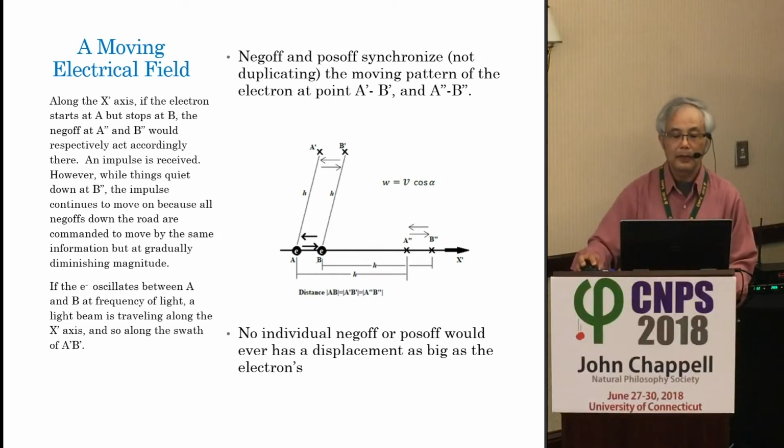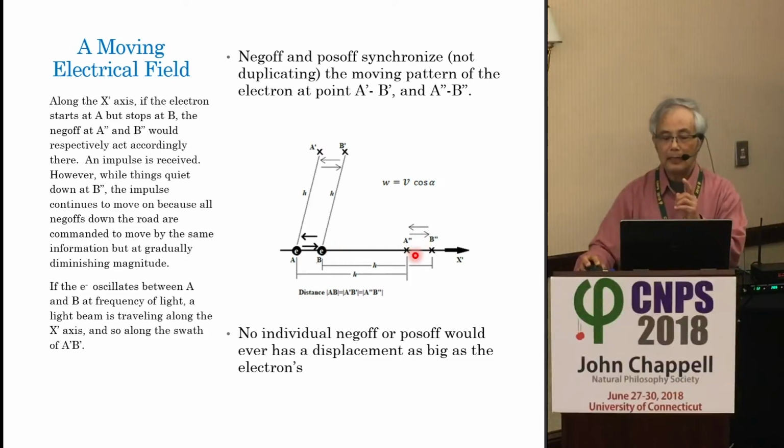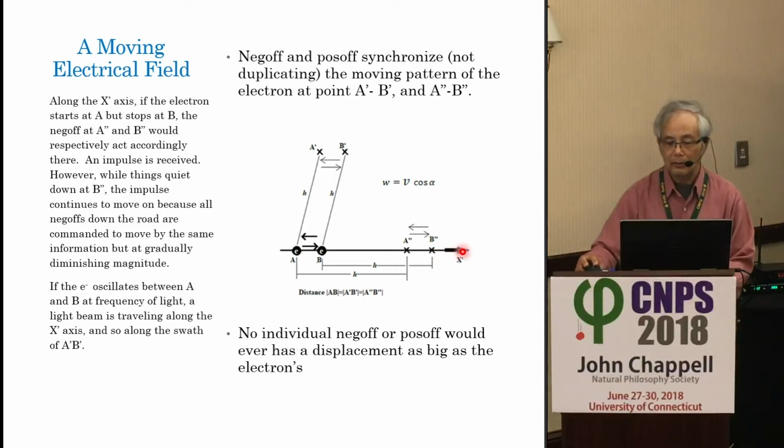And in other words, when the electron moves one cycle or moves back and stops there, the ether distribution continues to move down the road. Okay?